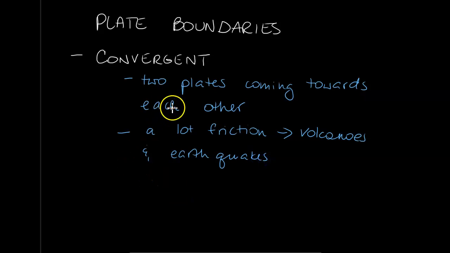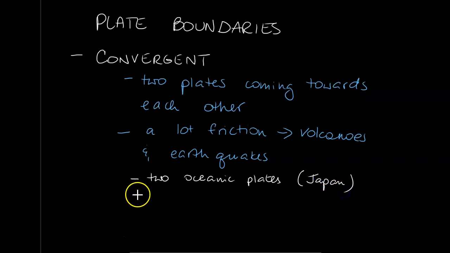Okay. Now you can have different varieties of convergent plate boundary, okay? Because you may have two oceanic plates coming together. Okay. For example, Japan is a good example of that.